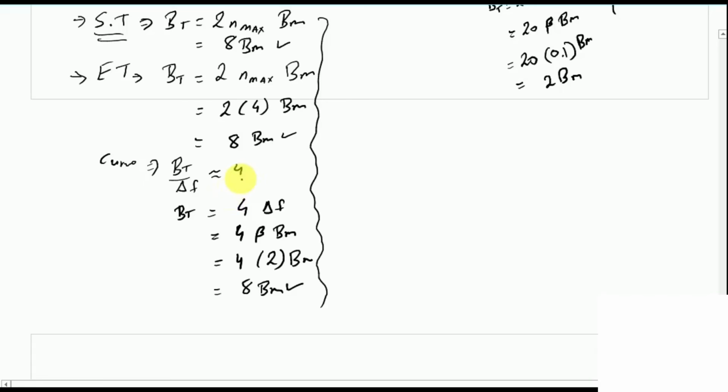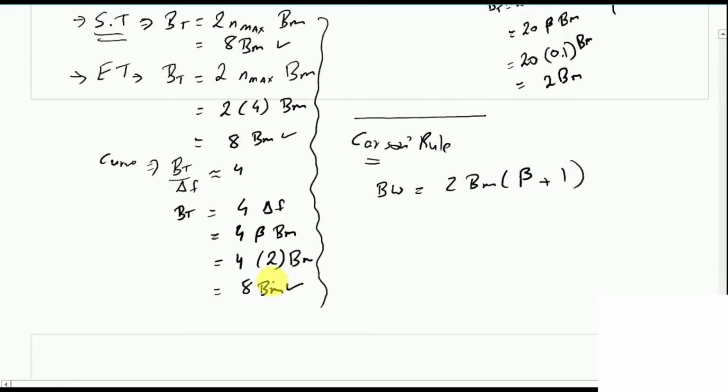agreement with each other. Now compare this with the Carson rule that we have discussed previously. In the Carson rule, we have expressed that the bandwidth is 2 bm beta plus 1, right?